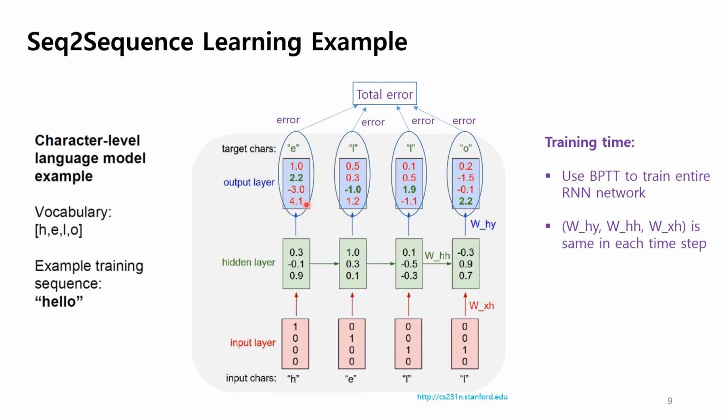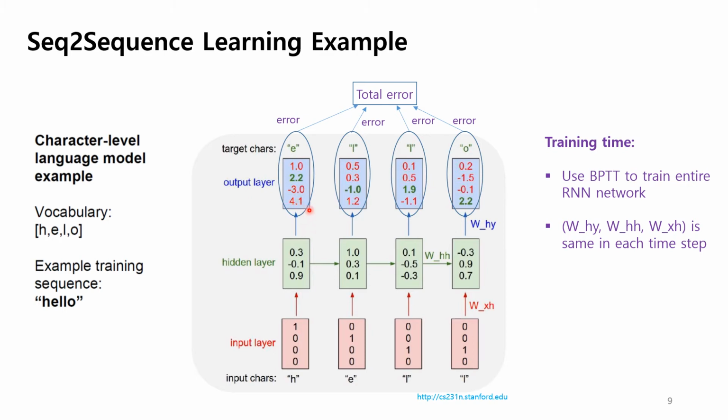In this output layer, we have four nodes. The reason is that we have a vocabulary of four letters, and our prediction is to choose one of these four letters. That's why we have four nodes. Each node here represents one letter: H, E, L, O.